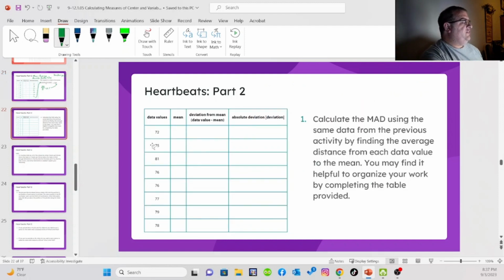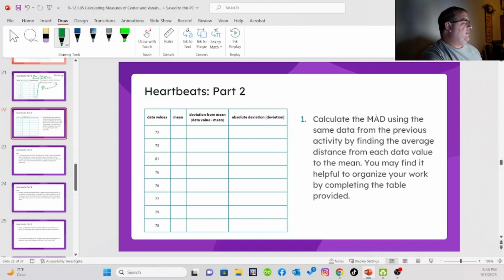So in your activity, they give you the data values from our previous activity. We go back to the heartbeats. It asks us to calculate the mean and fill out this column, then calculate the deviation from the mean, taking our data value and subtracting the mean, and then take each of these values, turn them positive, and put them in the fourth column here.